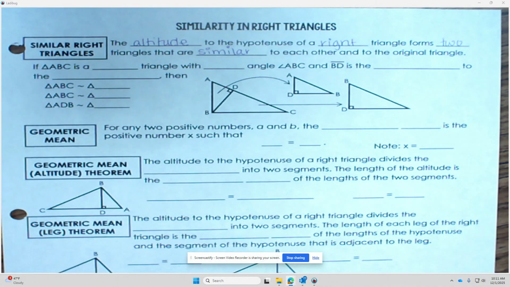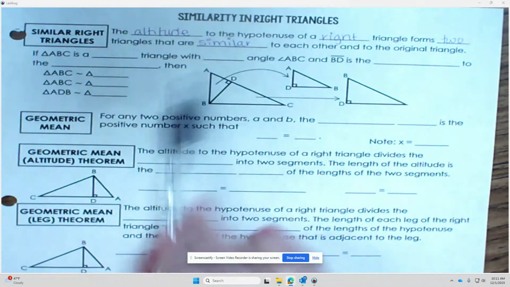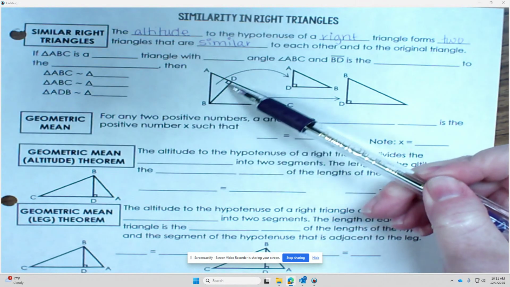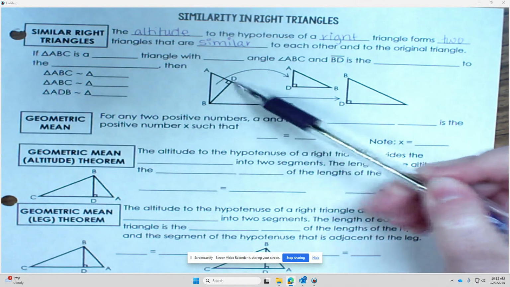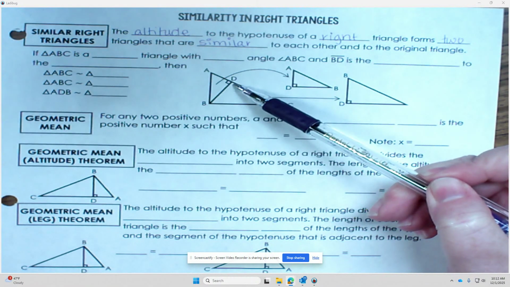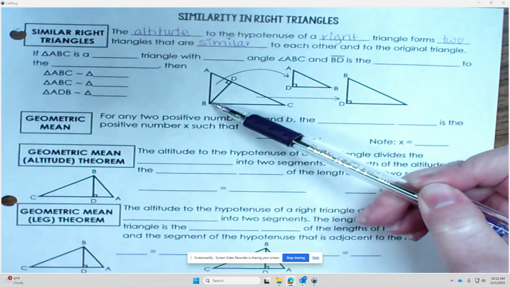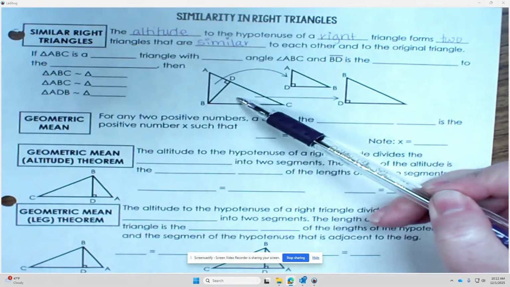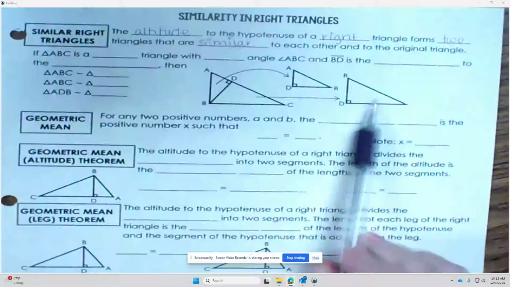So what we're saying is if you take one right triangle and you draw an altitude from the right angle perpendicular to the hypotenuse, that's going to be your altitude, that's breaking this whole right triangle into two smaller triangles, this one and this one.